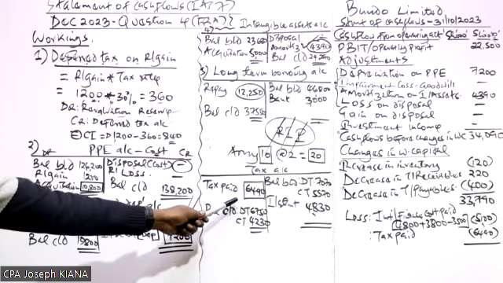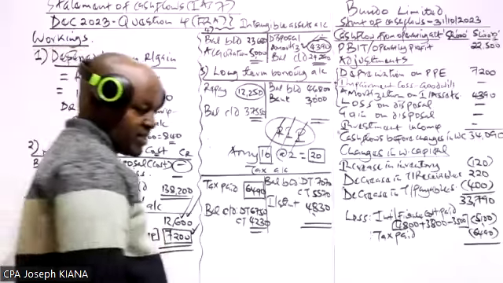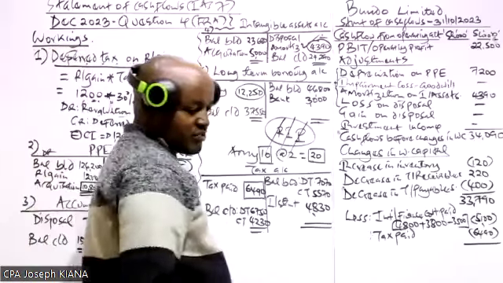The balancing figure here, is it 22,200? I don't think it is 22,200. So basically that is the tax which was paid.